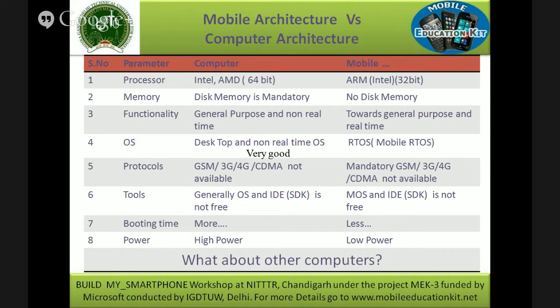For example, GSM is a mandate. Do you have GSM in your desktops? So you need to install extra hardware. Why? Desktops are not meant for that. This is one of the changes we need to bring. Similarly, you can think of 3G or 4G, any communication protocol.